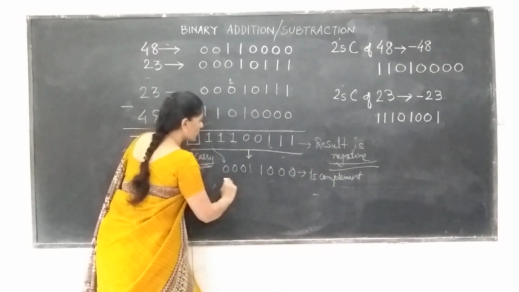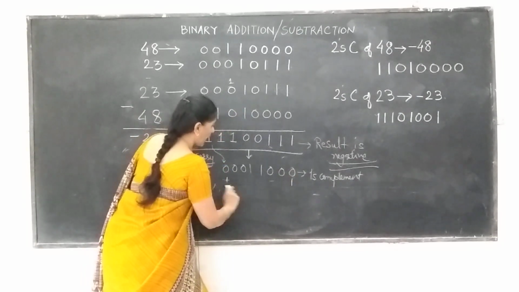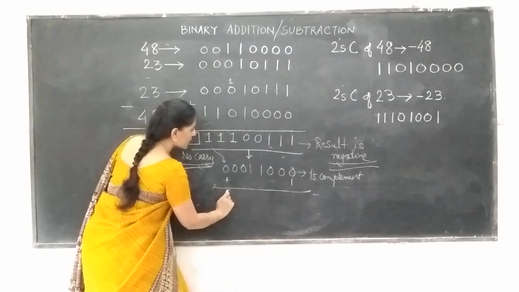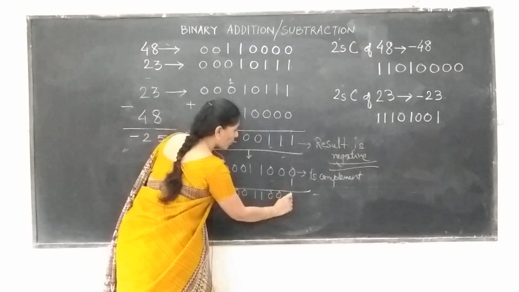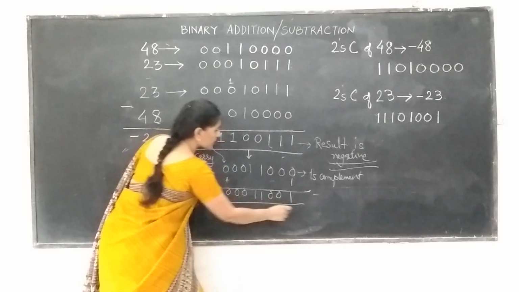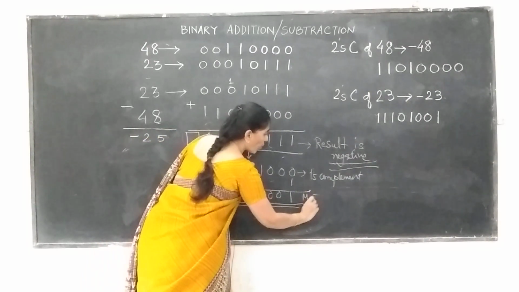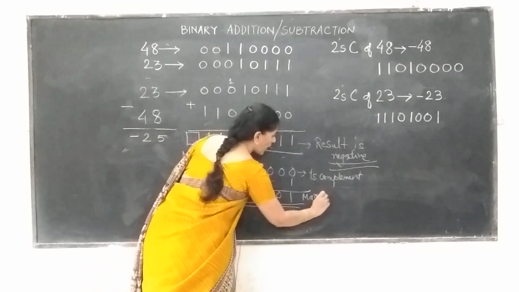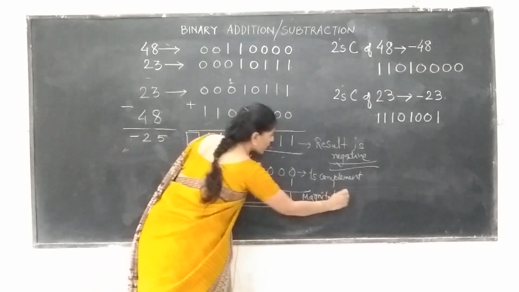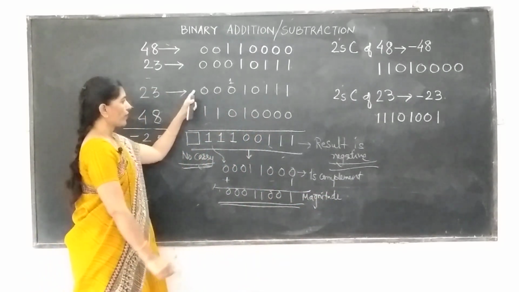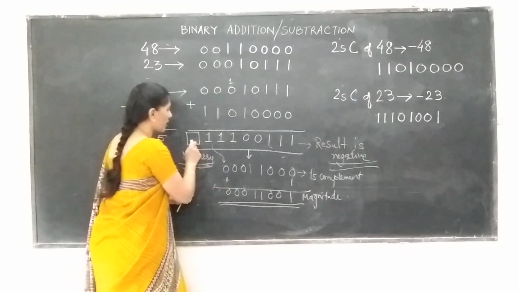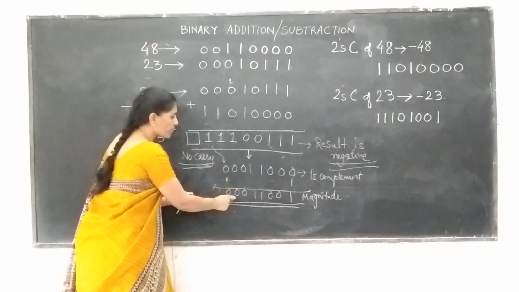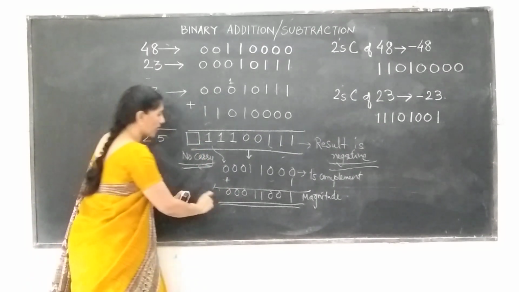To it we add a 1 and then this becomes 0 0 0 1 1 0 0 1. This is the magnitude of the answer, or the value of the answer which we have obtained by adding 23 minus 48, and because there was no carry generated, this must be treated as a negative result.